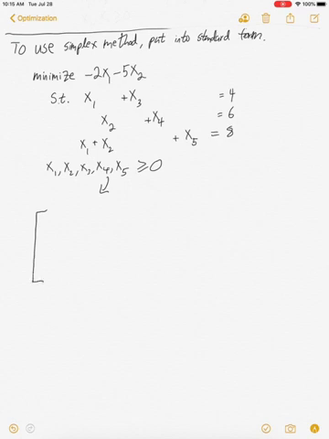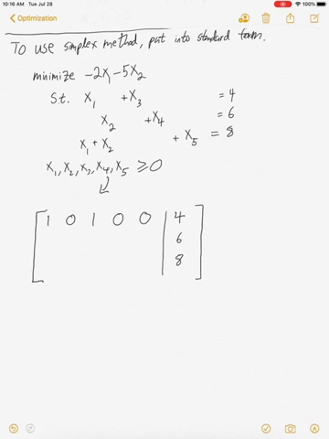This is really just so we don't have to keep writing the x's all the time. So our first row, we have 1x1, 0 x2s, 1 x3, no x4s, no x5s. And we're going to make it an augmented matrix. So I'm going to put the right-hand side of the equalities on the right-hand side of the matrix. So we'll have 4, 6, and 8 on the right-hand side.